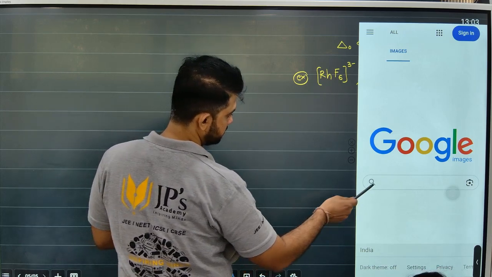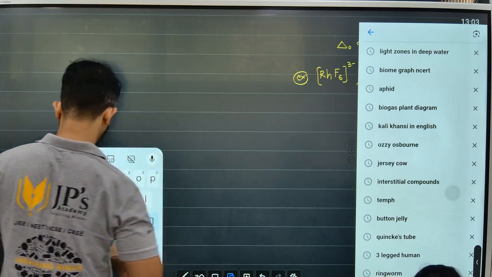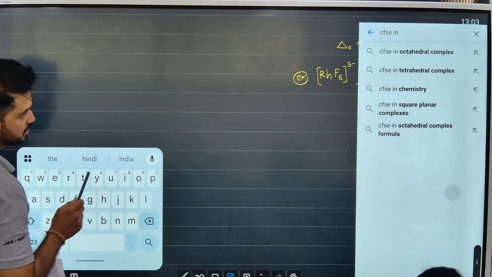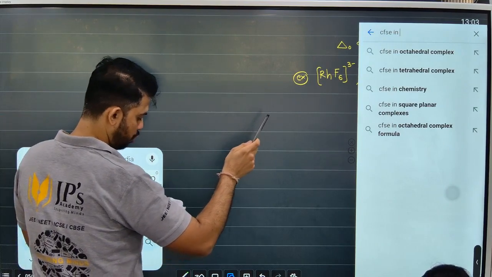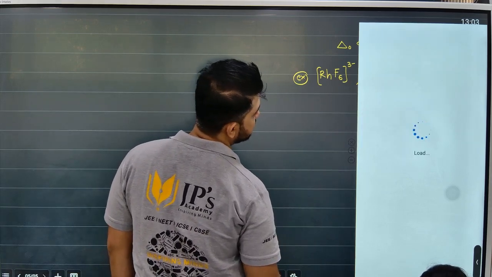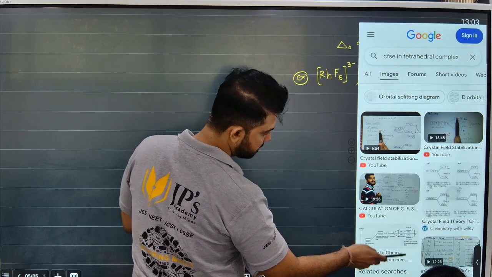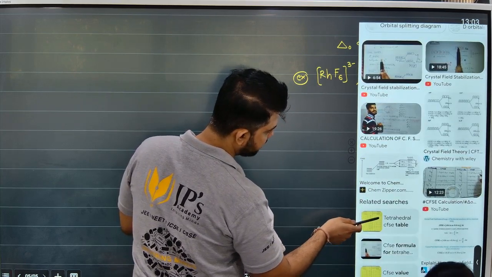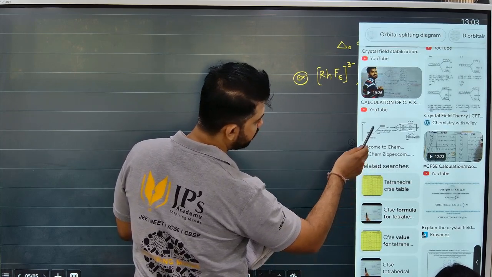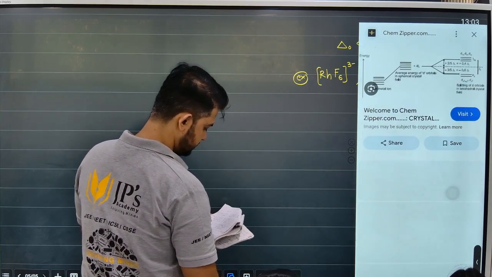Next point. There are only 4 ligands instead of 6.